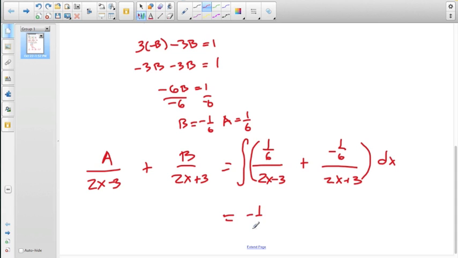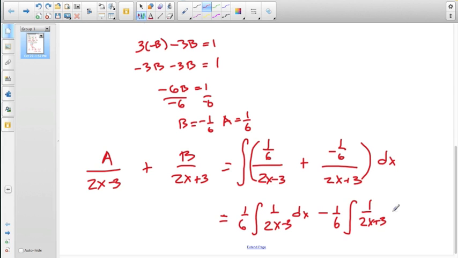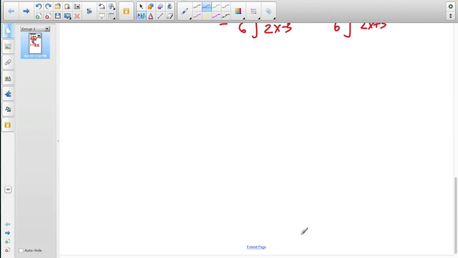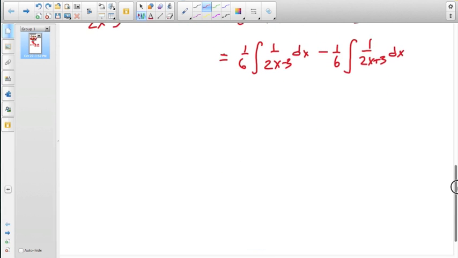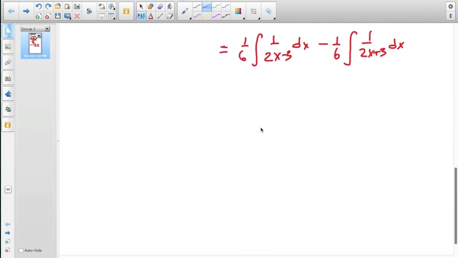And so as we pull that out and set that up for our integrating, we have 1 over 2x minus 3, and we have 1 over 2x plus 3. And so this integration, while it's still a natural log, gets just a little more complicated because we have that coefficient 2 in front of the x.